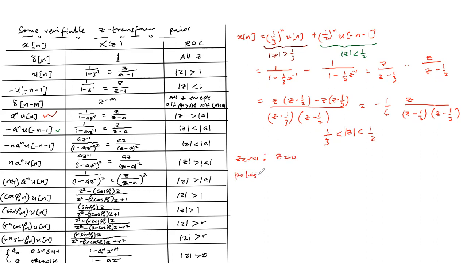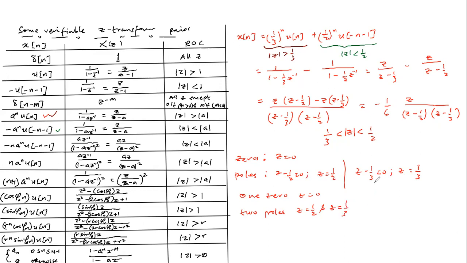And for the poles, we have two. At z minus 1 over 2 equal to 0, so z is 1 over 2. And at z minus 1 over 3 equal to 0, z equal to 1 over 3. So we have one zero at z equal to 0, then two poles at z equal to 1 over 2 and z equal to 1 over 3.